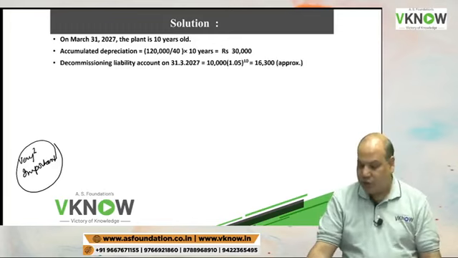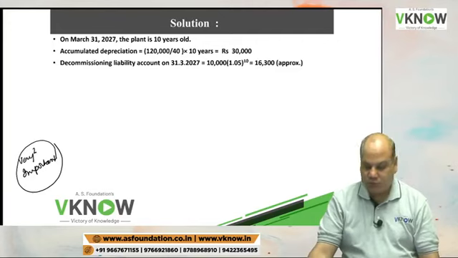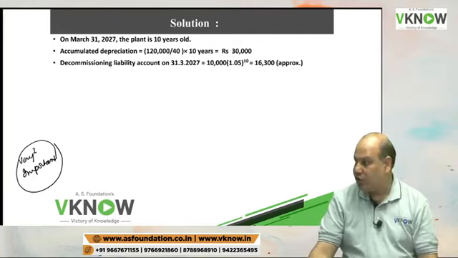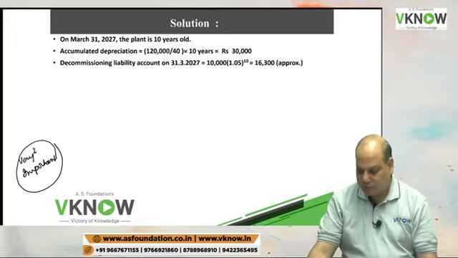Then write down the decommissioning liability account on 31st March 2027, which is equal to 10,000 into 1.05 to the power 10.